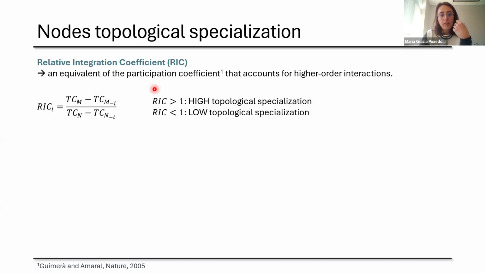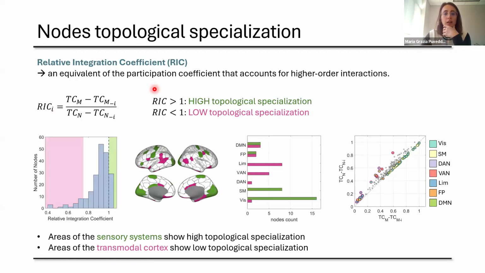So we computed this relative integration coefficient for each node, and we found that there are a few nodes that have high topological specialization, so they contribute a lot to the redundancy of their own modules, and those are located mostly on the sensory system. So these are the nodes in green. So there's a visual system, some other motor system.